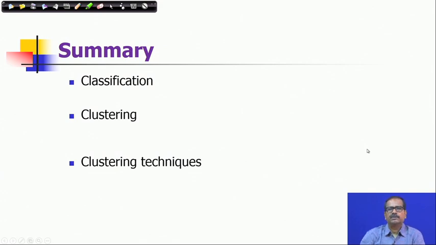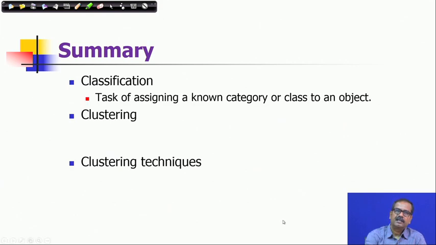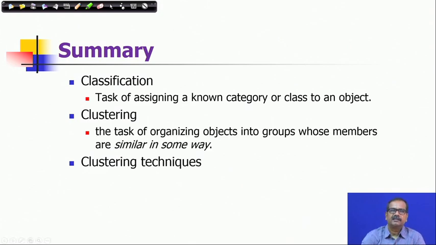So, here we come to the end of my talk on this particular topic. Let me summarize whatever we have discussed under the topic of classification and clustering. As we know, classification is the task of assigning a known category or class to an object, whereas clustering is the task of organizing objects into groups whose members are similar in some way.